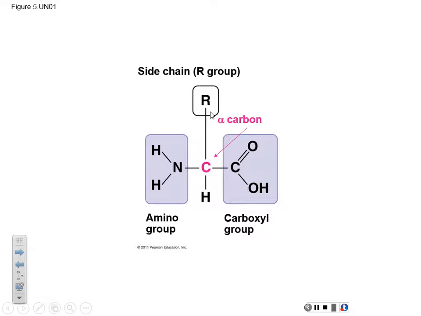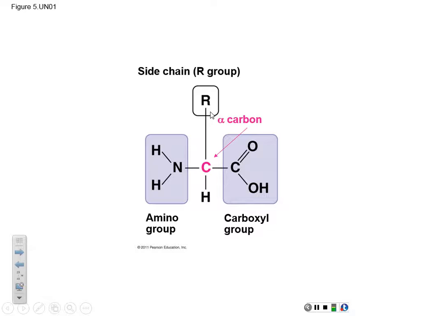Those 20 different combinations of the functional groups that give rise to these R groups give us the ability to make molecules, polymers, that have different kinds of chemistry associated with them along the length of the polymer. And it ends up letting living things do phenomenally cool stuff.